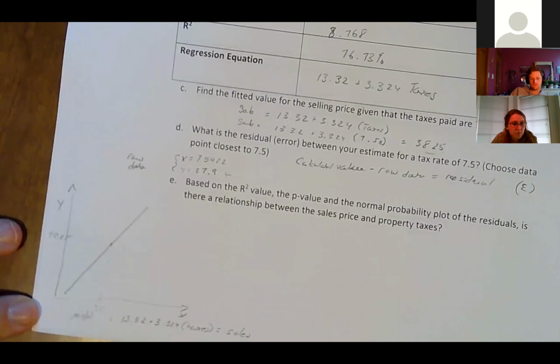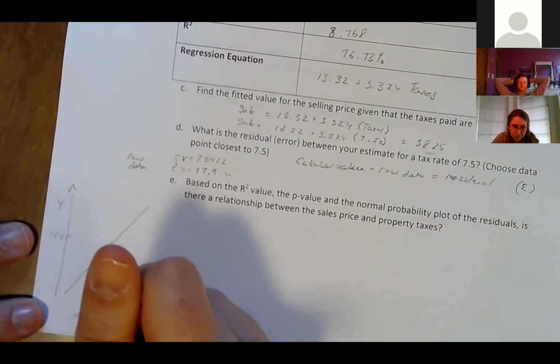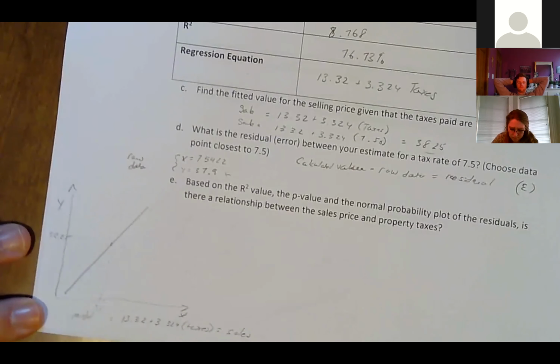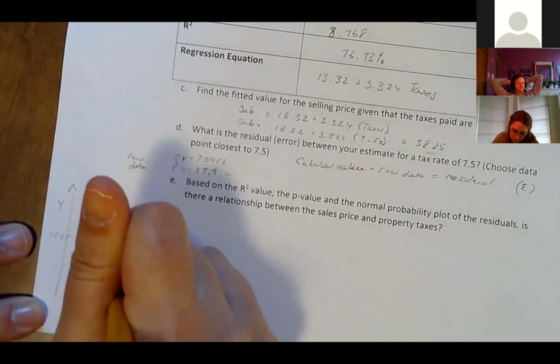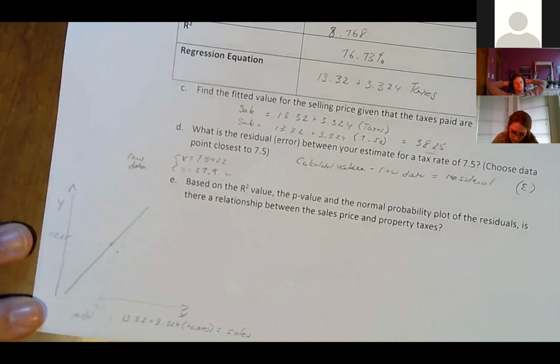But what's actually happening here, when I calculate the residual, I'm comparing it to raw data to say, well, what was it actually? My y on my raw data for a value of 7.542, so it's slightly past that 7.5, was lower. It was 37.9. So it's a fraction lower.